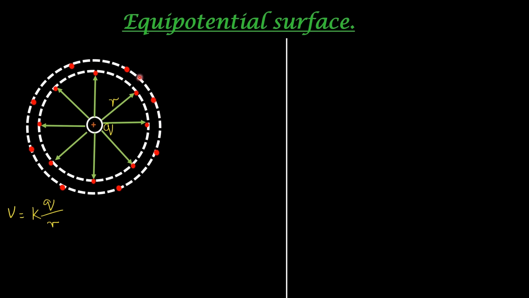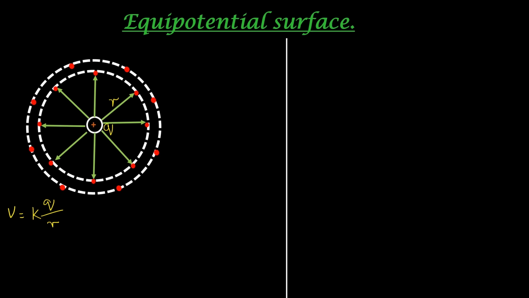Points on this second surface will be at a greater distance when compared to the distance of the points on the inner surface from the charge. As the distance increases, potential decreases. The second surface also is an equipotential surface, but the potential on the second surface will be less than the potential on the inner surface.